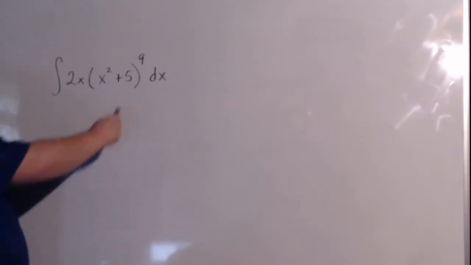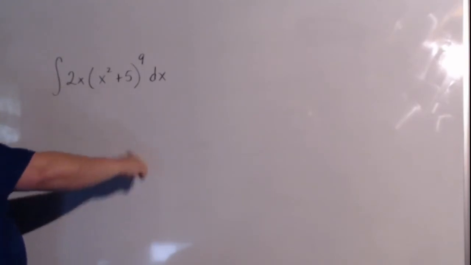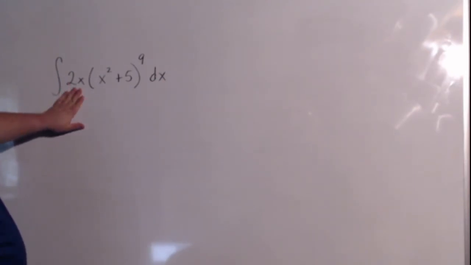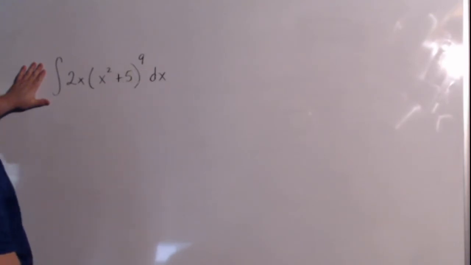But this is to the 9th power, which means you'd have to multiply this binomial by itself 8 times and then multiply by 2x before you could start integrating each piece. So this is not something that we can solve very easily by expanding.